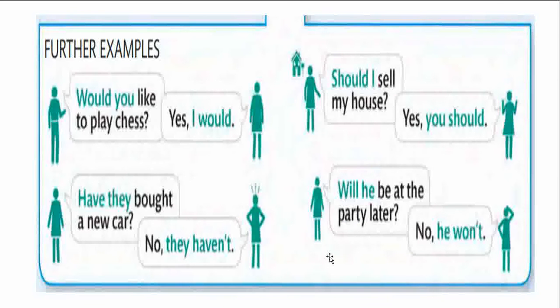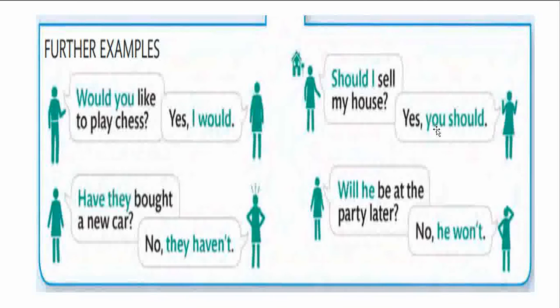Let us see certain examples. Would you like to play chess? Yes, I would. This would is taken from the question. Have they bought a new car? No, they haven't. Have not becomes haven't. Should I sell my house?